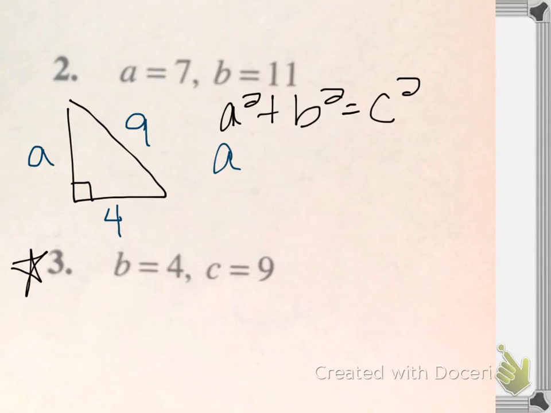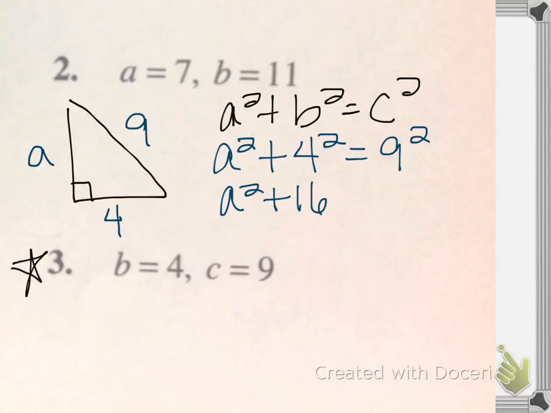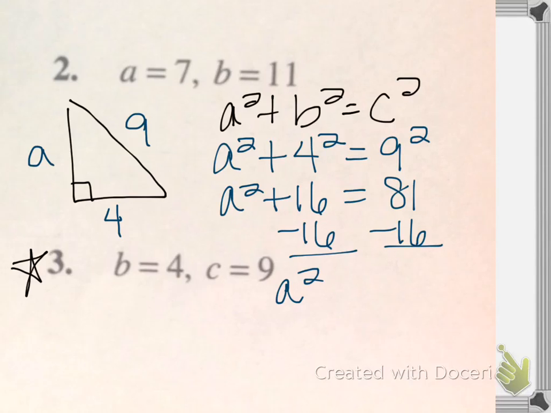So a squared plus 4 squared equals 9 squared. So we have a squared plus 16 equals 81. We need to get the a term by itself, so that leaves a squared equal to 65. And again, I'm going to have to take the square root to find a.